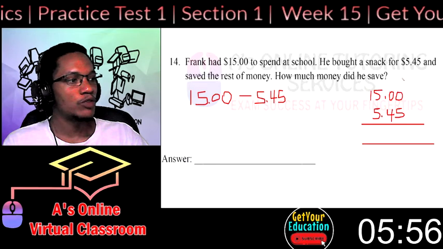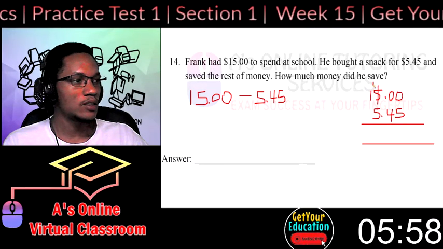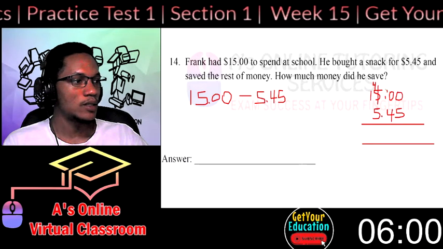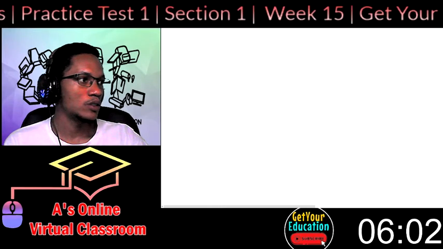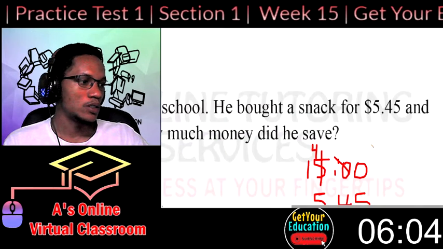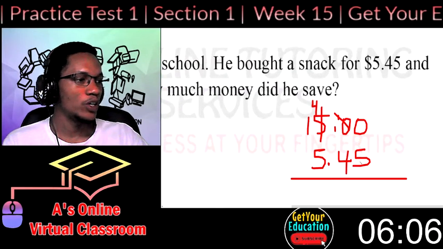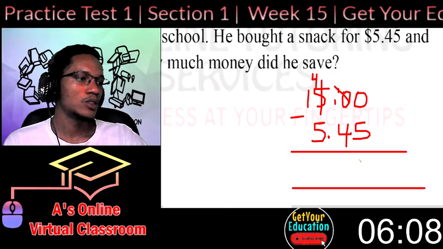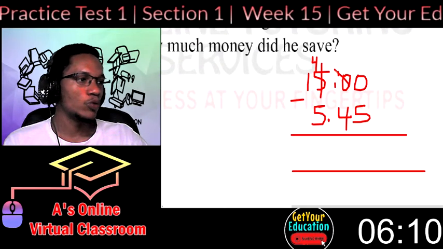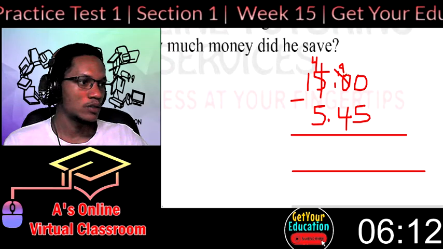So we're going to have to borrow to answer this. Let's zoom in here now, so we can see very clearly what we're doing. We're subtracting, of course. So we're borrowing 1 from the 10, making that 9.